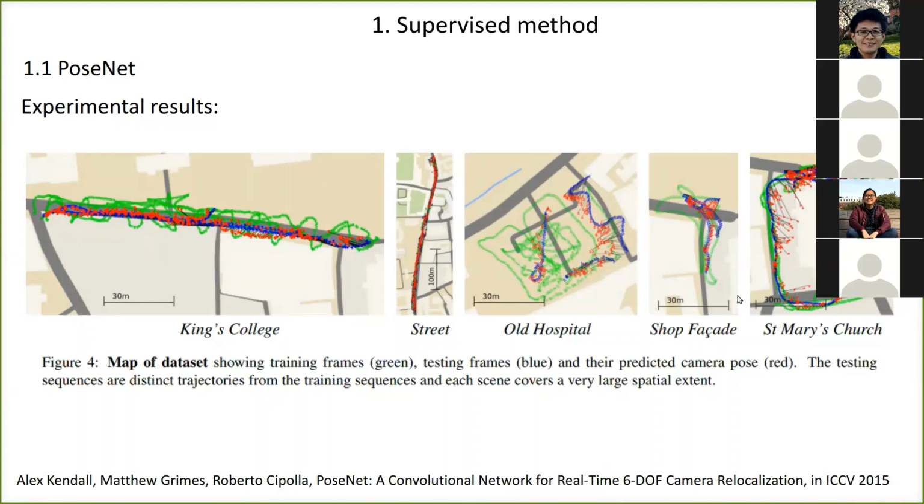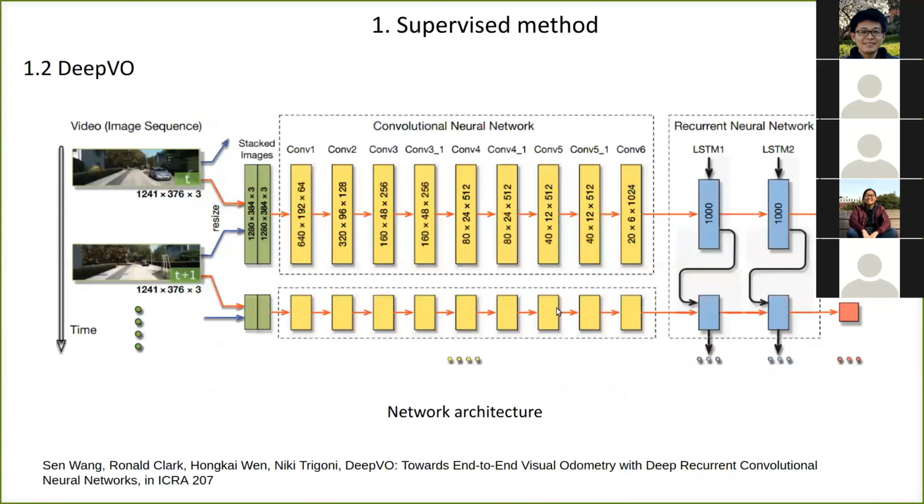So that's why we have another method called deep visual odometry, which is called Towards End-to-End Visual Odometry with Deep Recurrent Convolutional Neural Networks, which is published at ICRA, sorry, 2017. Okay, so in this approach, one of the biggest contributions is they use a convolutional neural network, but they don't take a single frame.